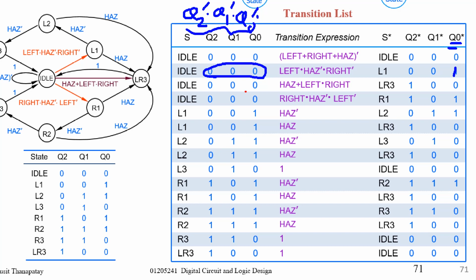And this input condition must be true also with the clock. That means you AND this input condition, left and hazard prime and right prime. This is the first condition that can make Q0 star become true.